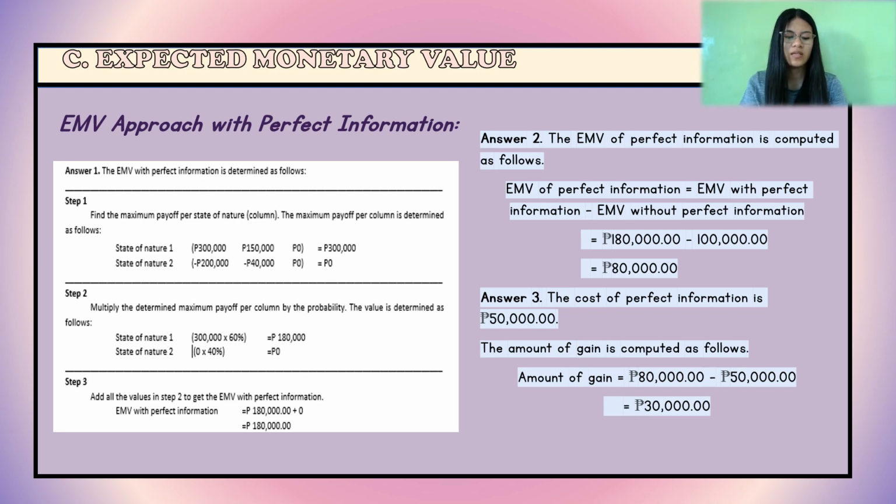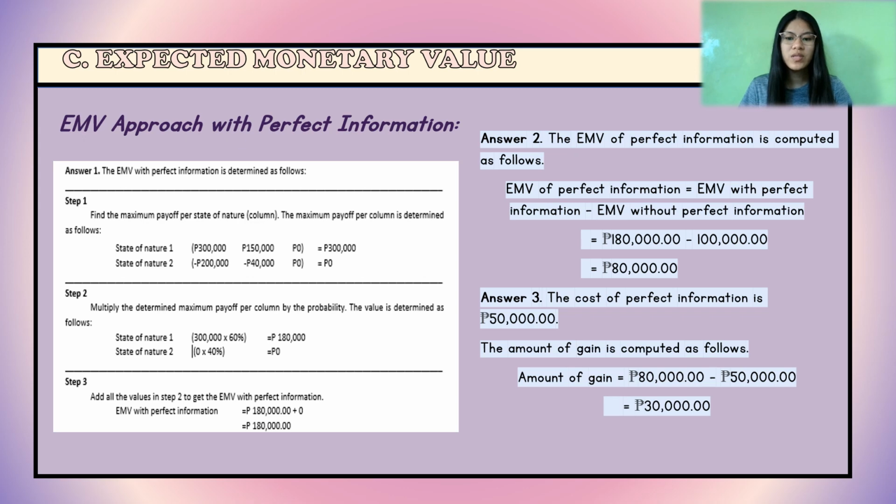Then the last one is step 3. Add all the values in step 2 to get the expected monetary value with perfect information. Expected monetary value with perfect information na 180,000 plus 0 is equal to 180,000 pesos.